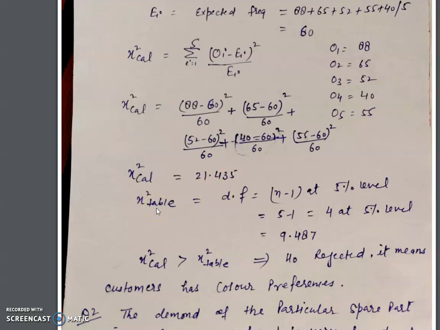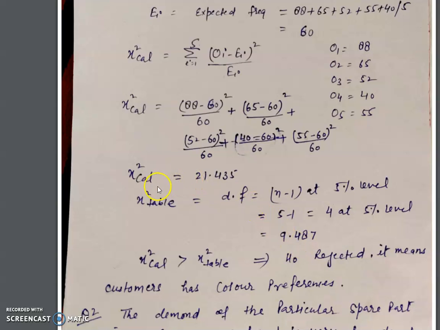Now we can find the chi-square tabulated value. The degree of freedom is n minus 1 at 5% level. This is 5 minus 1, which is 4, and the value is 9.487. We can see this value in the chi-square table.